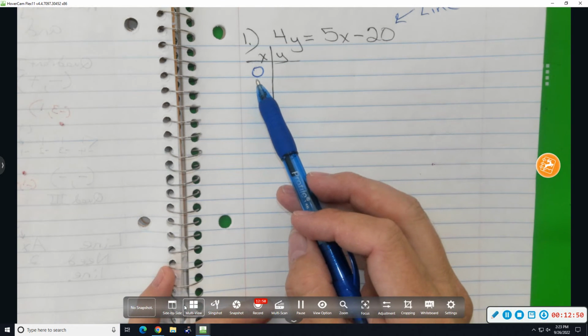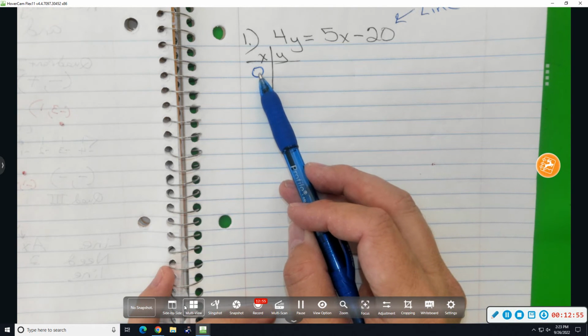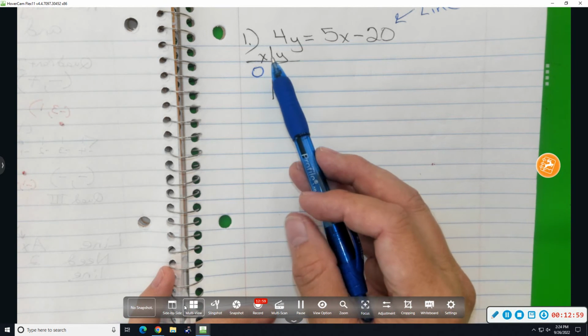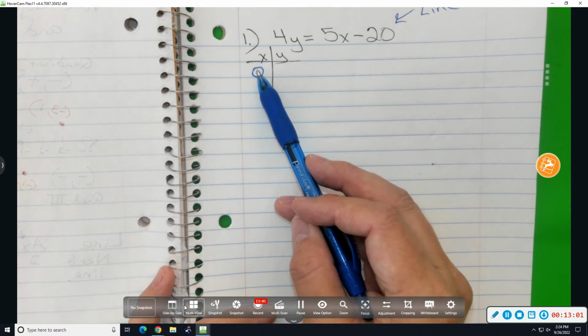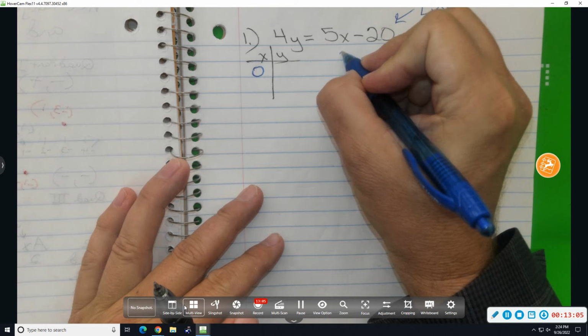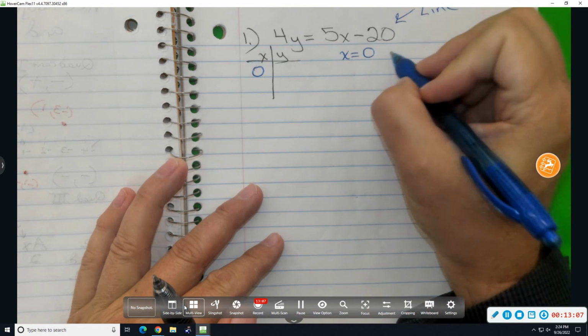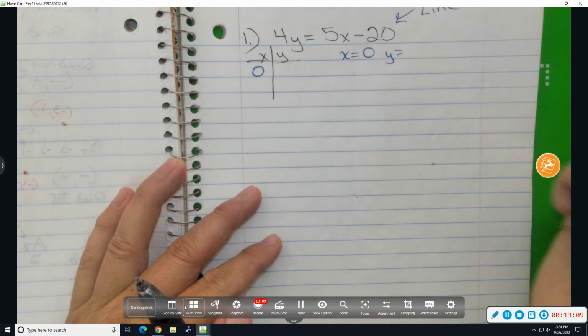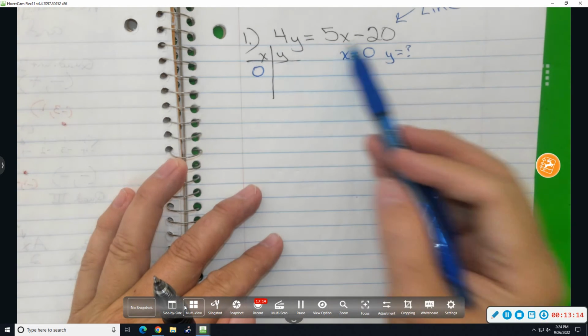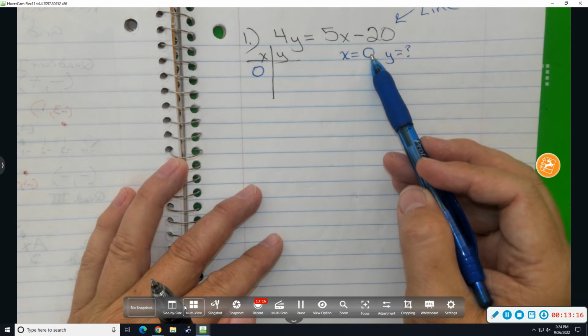They have a table here, an XY table, and they have 0 sitting there in the X column. What they're trying to say there is to let X be 0 and find the value of Y. So they want us to let X equal 0. What does Y equal? So we come to the equation, we plug in 0 for X.